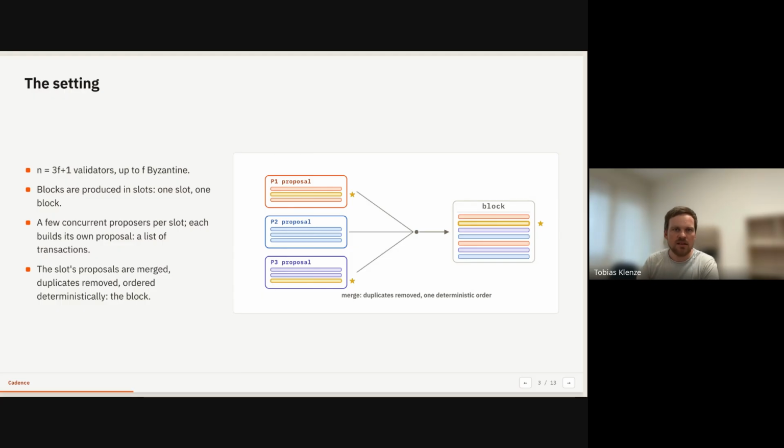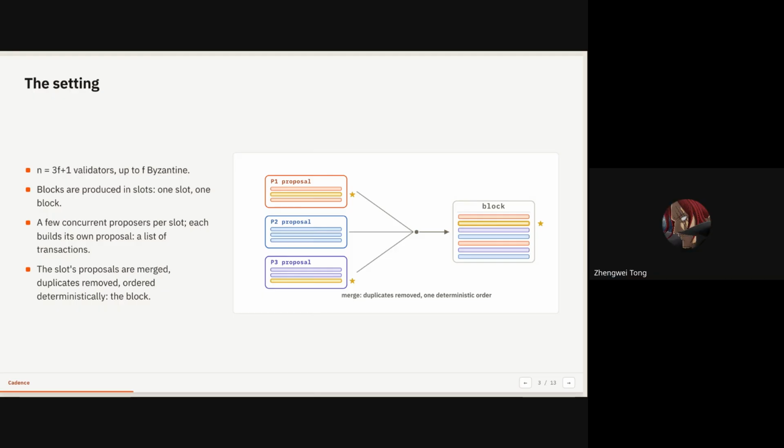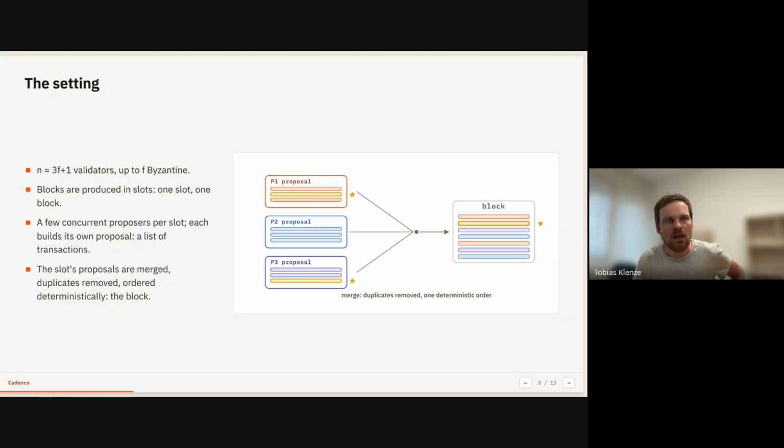Yes. Another question. So does the proposer know what order they have? Like, do they know if they're P1 or P2 or P3? The protocol is agnostic to that. It should not really matter which. There's no order between the proposers, right?